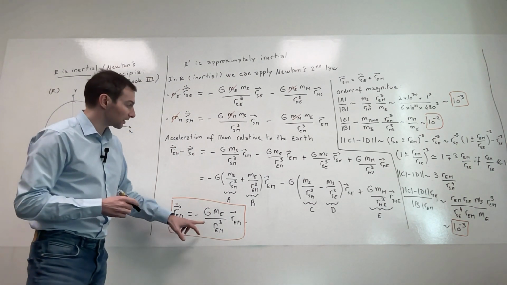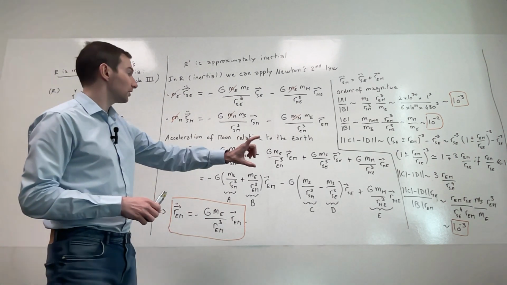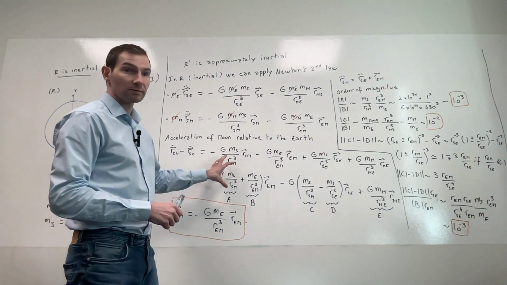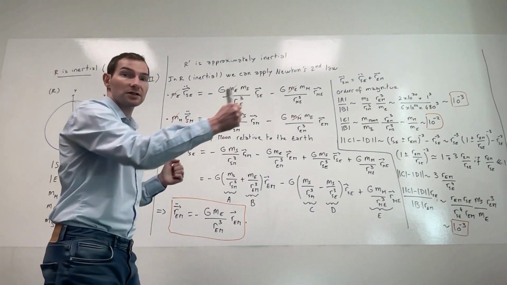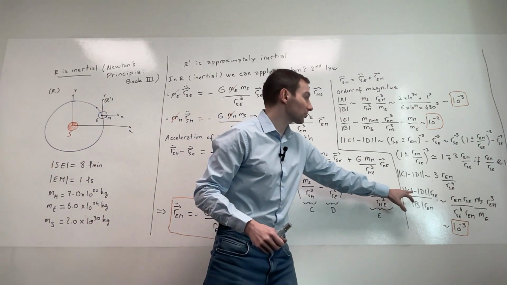So the bottom line is that that's why we can actually do that, is because there are plenty of terms that are either small, because, for example, the distance to the moon is very large, or there is compensation.